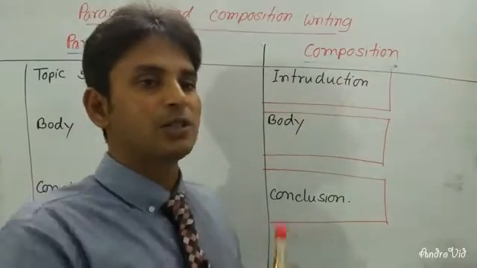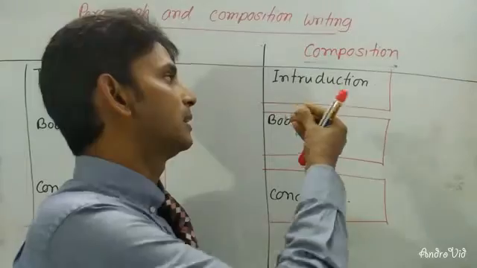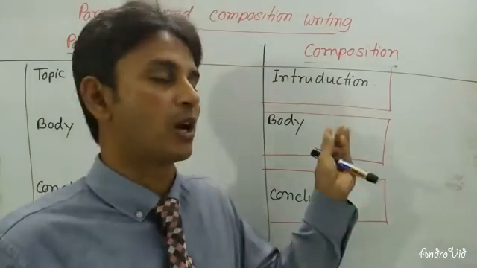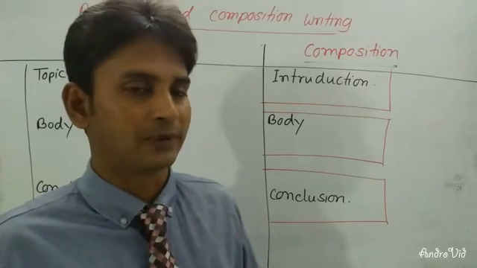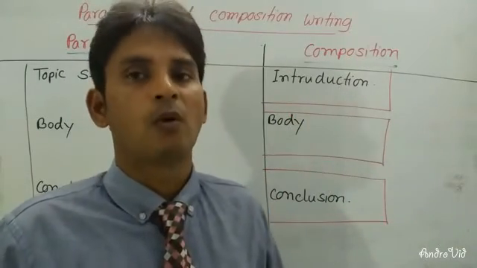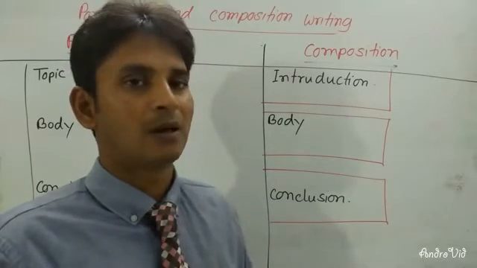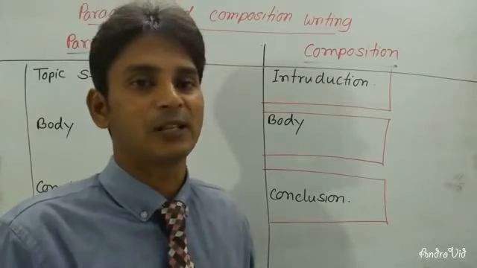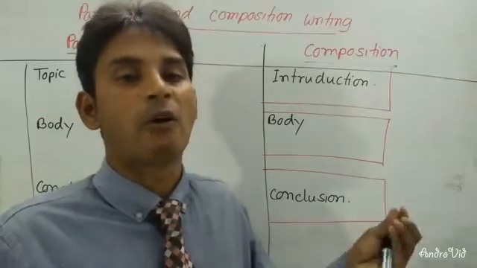So in the introduction, if you write a composition on the mobile phone, you can write what the mobile phone is and what the purpose of its invention is. In the description or body, you will write when it was invented, how it is used, what the best and good sides of using a mobile phone are, and our expectations.